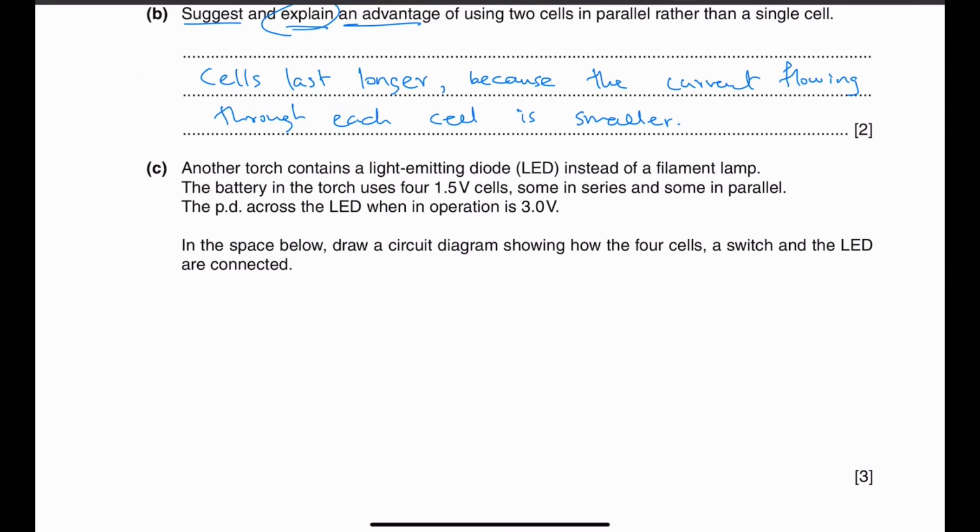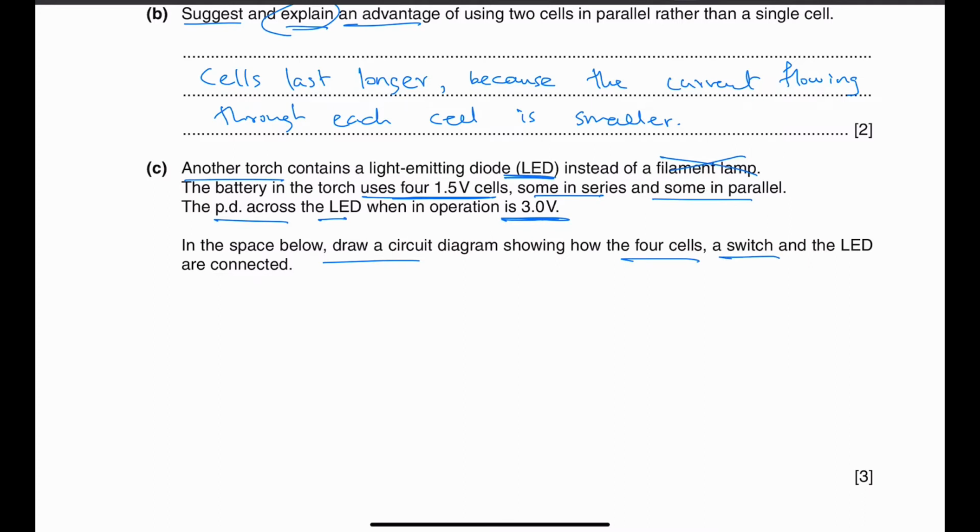Let's keep moving. Now there is another torch that contains an LED instead of a lamp. So there is no lamp, there is actually an LED in this one. It uses 4 cells, some in series and some in parallel. But whatever the combination of the cells, the PD across the LED should be 3 volts. So how can you draw a diagram? You have to draw a circuit diagram showing 4 cells in their combination.